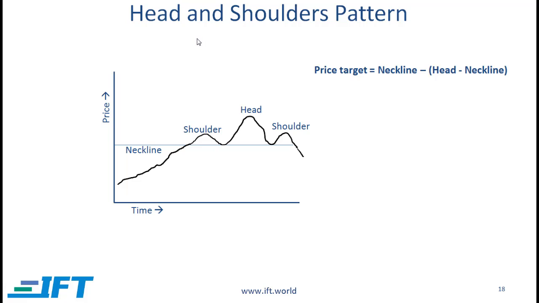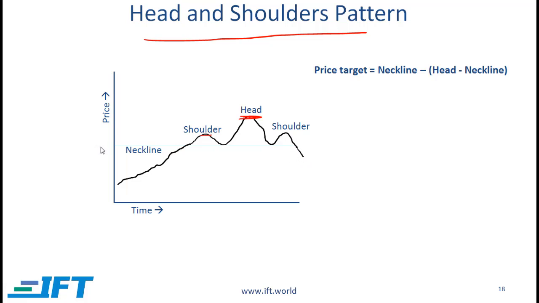The most important reversal pattern is the head and shoulders pattern, which looks like this. We have an uptrend. There is this concept of a neckline, where after the neckline the stock goes up a little and down. So this is the shoulder. Then it goes up a little more to a level called the head, and then down again to the neck, up to the shoulder and back down.